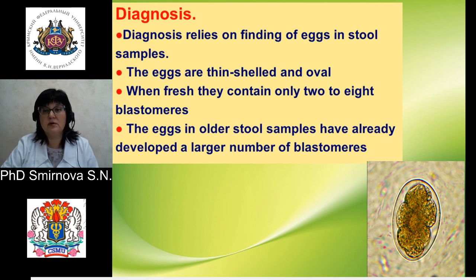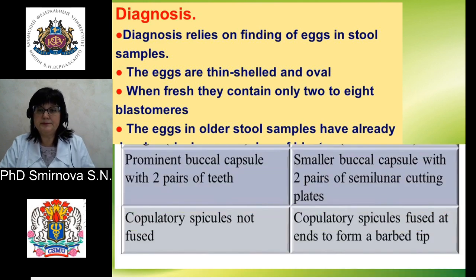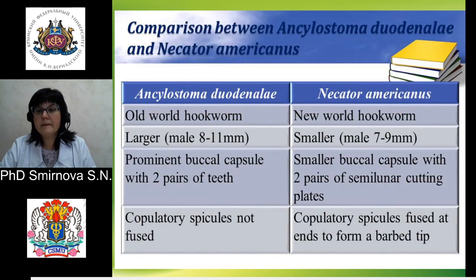Prevention and control for this disease is typical: individual prevention and social prevention. On this table we can see the principal differences between Ankylostoma duodenale and Necator americanus. These are short parasites, but they differ in geographical location.